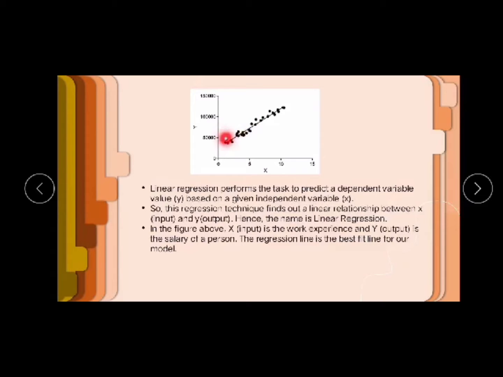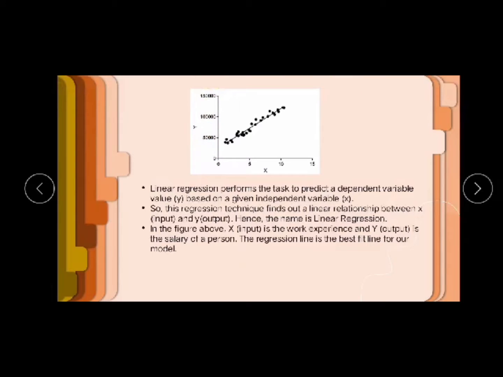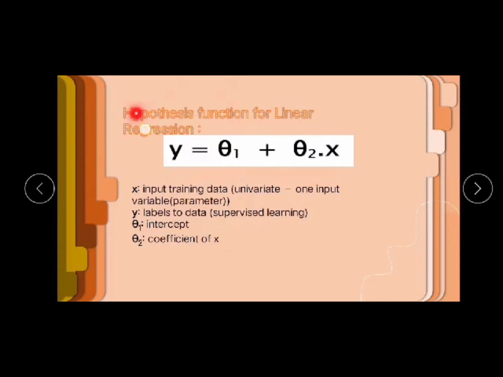And since it is a slanting line, we can say that the salary of a person increases as the years of work experience also increases, or the other way around. The longer his or her work experience, the higher the salary. Moving on to the next slide.